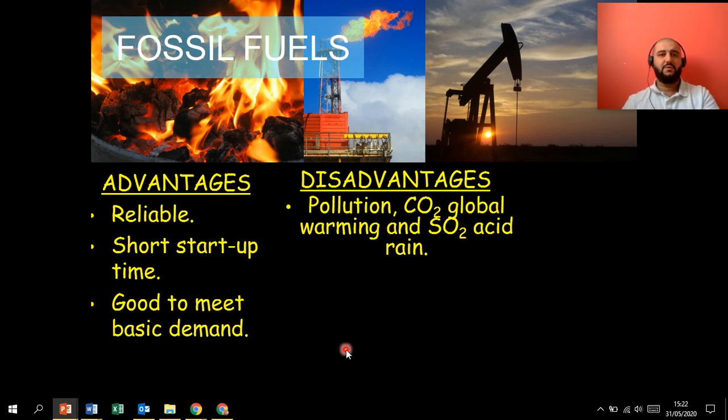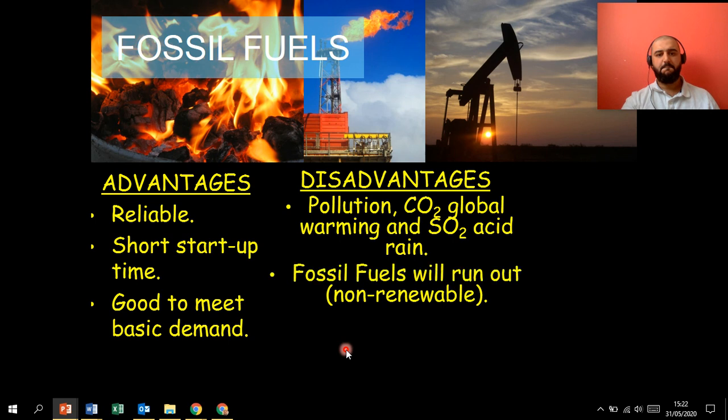These are examples of fossil fuels, whether we're talking about kerosene used in planes, diesel in cars and trucks and what have you, or petrol, whether that be leaded or unleaded. They all produce these sulfur dioxides and nitrogen oxides, and obviously your carbon dioxide as well.